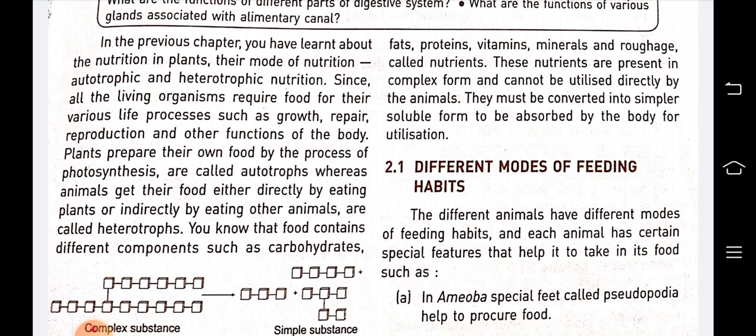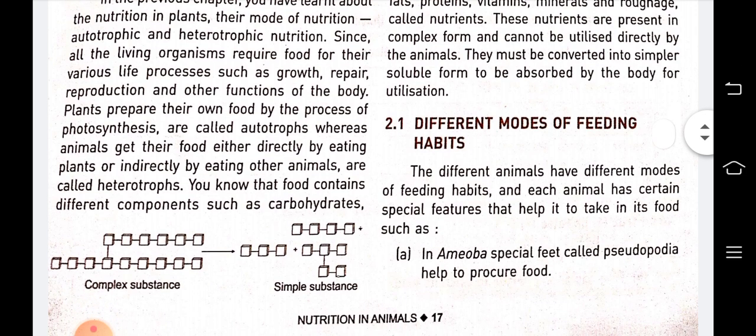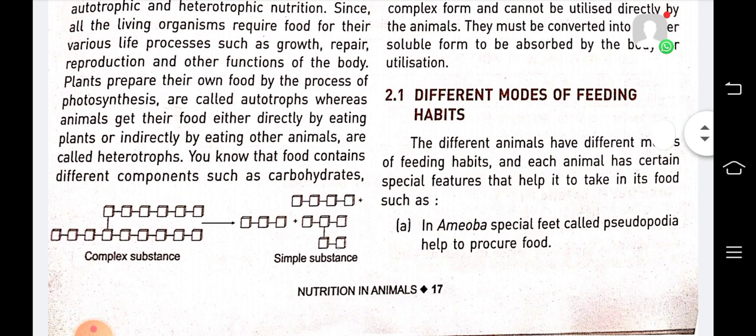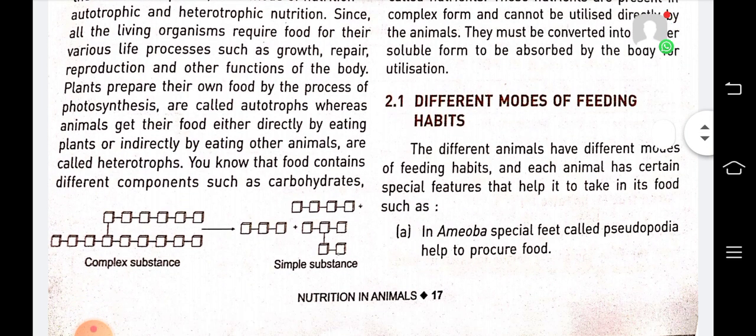Proteins are made up of amino acids. So in protein, the simple substance is amino acid, and many amino acids combine together to give a complex substance known as protein. These nutrients are present in complex form and cannot be utilized directly by the animals. First they have to be converted into their simpler substance form to be absorbed by the body for utilization.